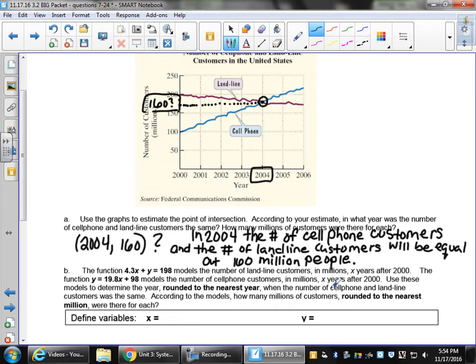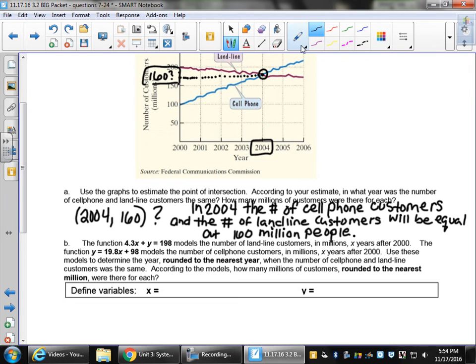B says the function, oh, check it out, it's giving me a function. This is nice. I'm going to highlight these to help them stand out. So the function 4.3x plus y equals 198 models landline customers in millions, x years after 2000. I have a 0 year. And then I have another function.